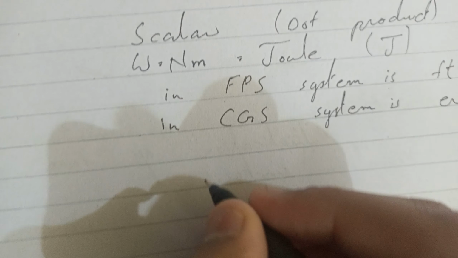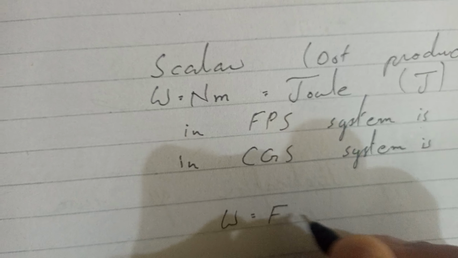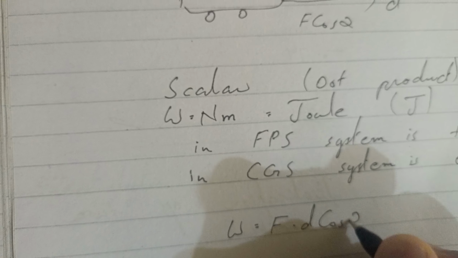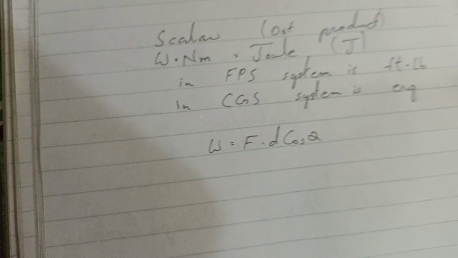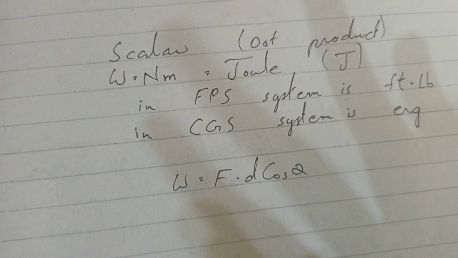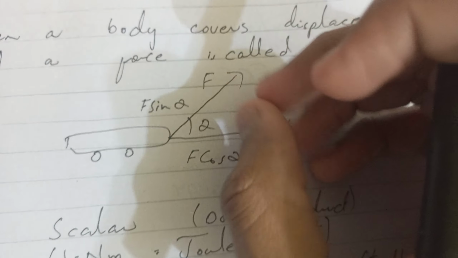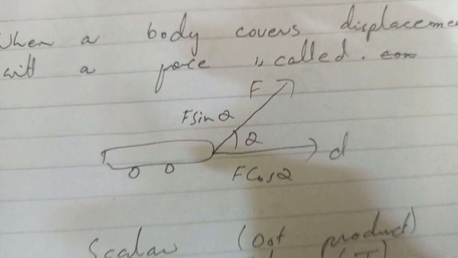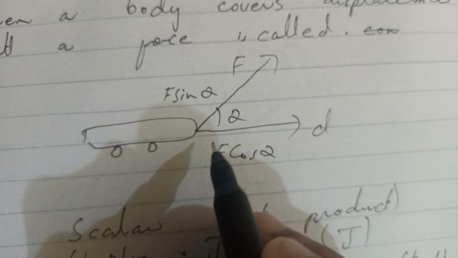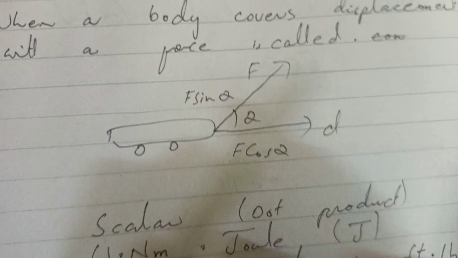If you talk about the formula, what is the formula for work? W is equal to F dot D cos theta. Now what does it mean? I know that you have learned all these things in previous chapters, but you need to focus on this. For example, if I am pulling something and applying a force, and the displacement is covered in this direction, we multiply both of them, and there is an angle as well.